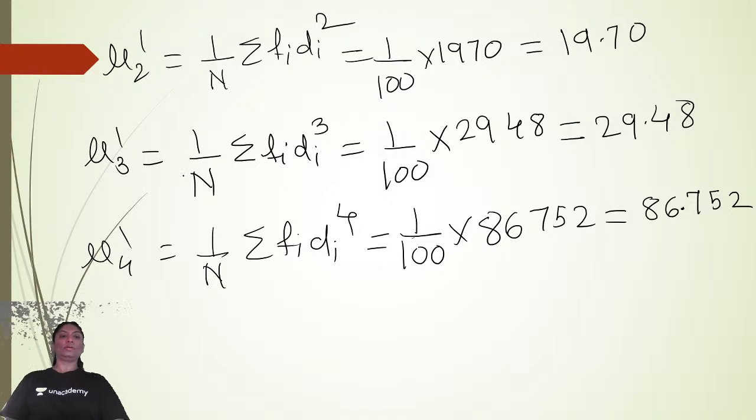This is totally calculation-oriented topic. So just by calculation, you will get your moments. So, mu3 dash, mu4 dash. Okay, now everything we already calculated here: 867.50, that is 29.48, 19.70.